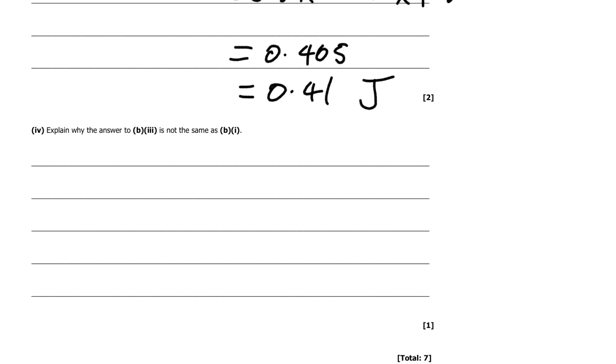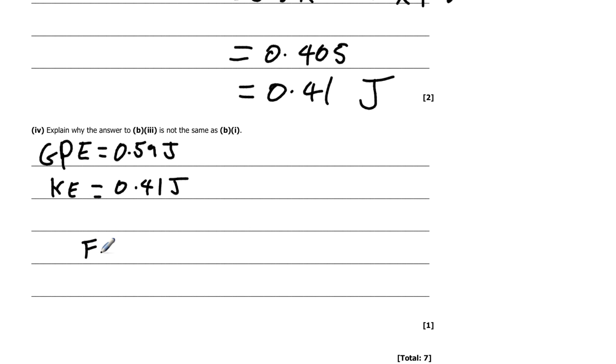Next up, we need to explain why our answers might be different. So the gravitational potential energy of the mass that we worked out was 0.59 joules. We've just worked out that the kinetic energy of the glider is 0.41 joules, and we're asked, how come they're different?